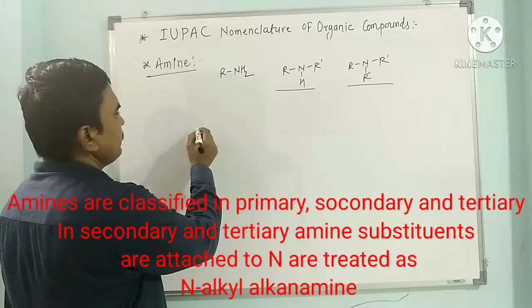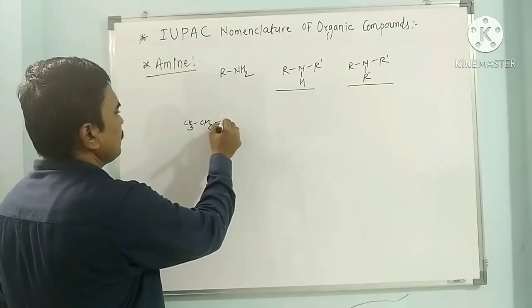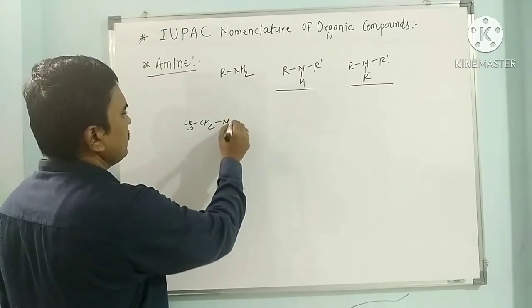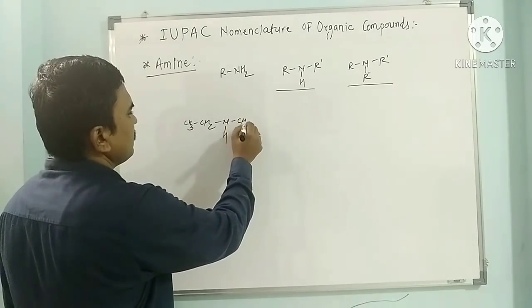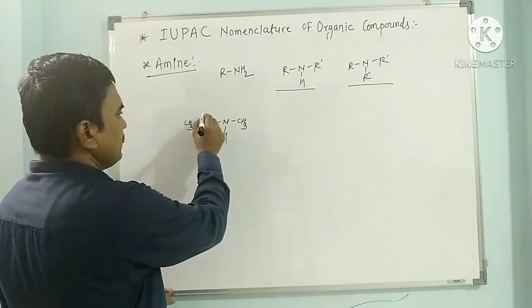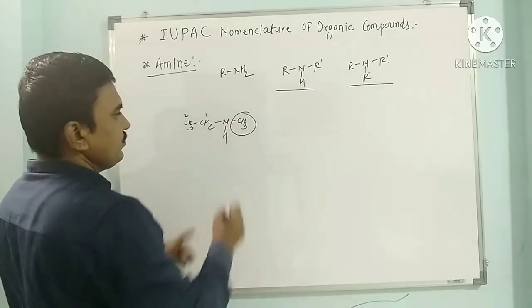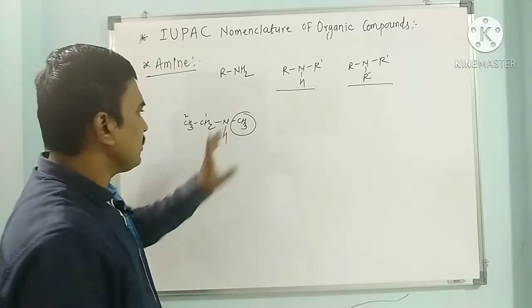Example of secondary amine: CH3CH2NH, and here there is CH3. Now see how many carbons are in the one chain: 1 and 2, attached to nitrogen. Here the smaller group is treated as a substituent attached to nitrogen.